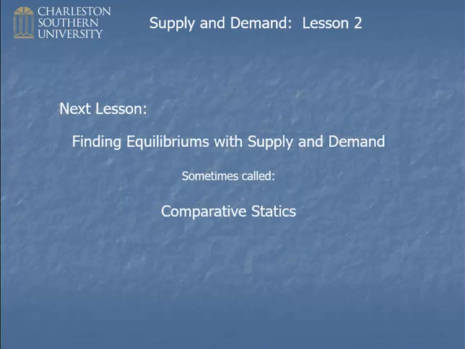The next lesson is on finding equilibrium with supply and demand, sometimes called comparative statics. And this comes to us from Alfred Marshall, who is really the founder of, well, I don't know, some people would disagree, but I would call him the founder of modern economics, because Alfred Marshall is the guy that put all this math into econ.